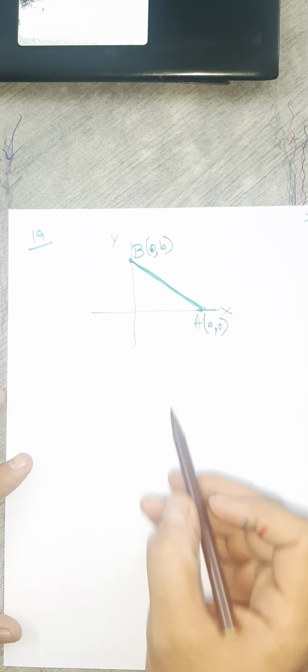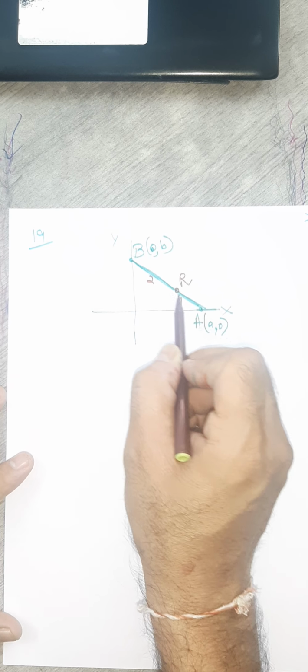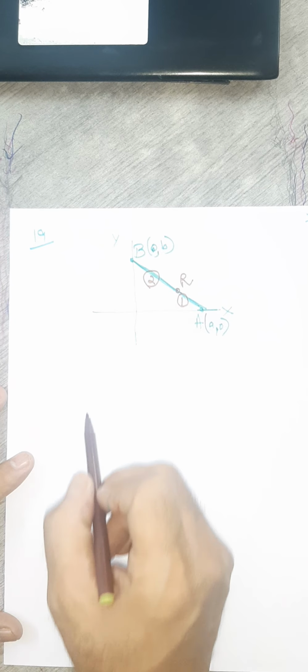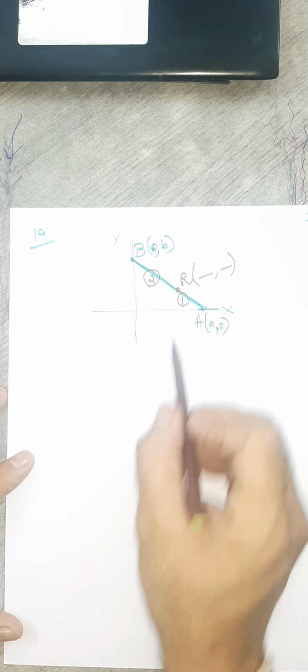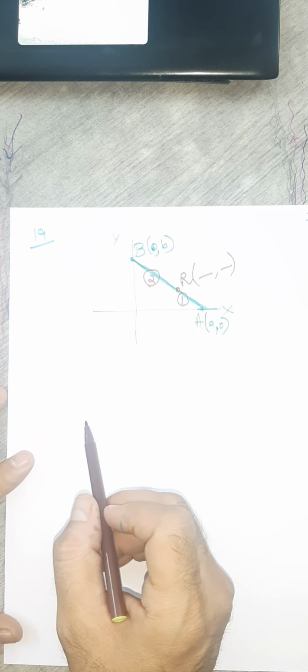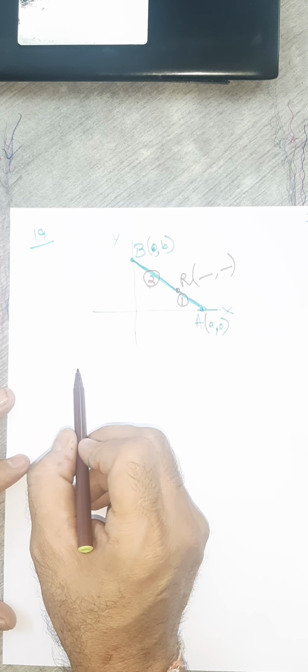But here you are given that the point R divides the line segment AB in 1:2 ratio. So suppose there is a point R here which divides in 1:2 ratio. So you can get the coordinates of the point R here. There it was a midpoint. Here it is in the 1:2 ratio.